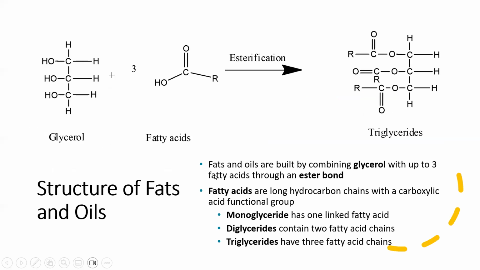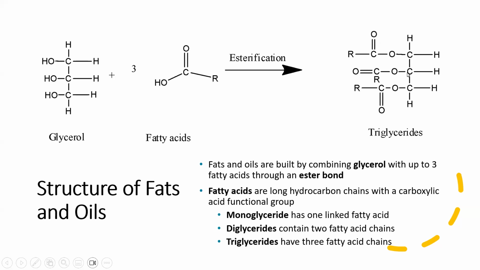Now, when you form these fats, you're going to get them by combining a glycerol, which is this guy here, with some sort of fatty acid through a process of esterification. And so you can get fatty acids in mono, di, or triglyceride format.